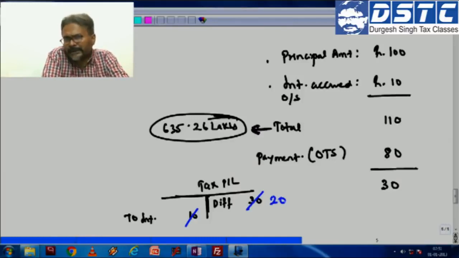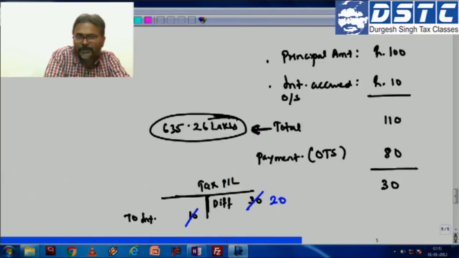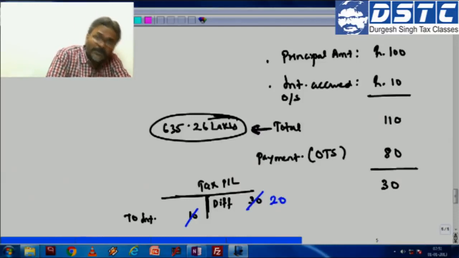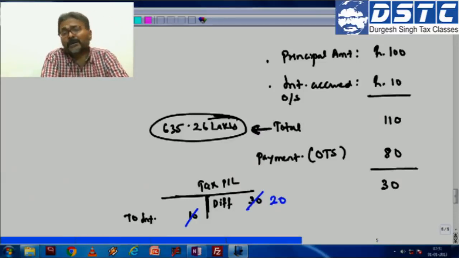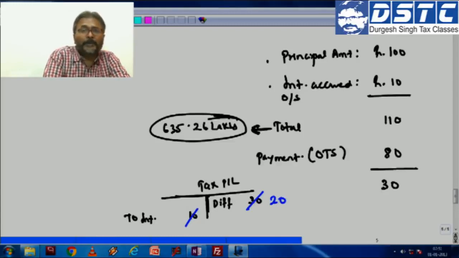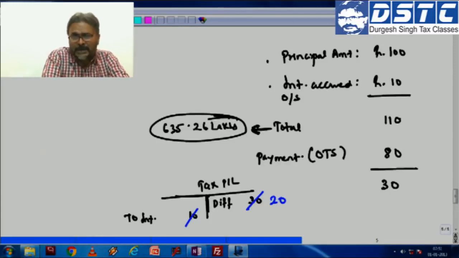If the assessee is showing 30, then he needs to get the deduction of 10. If the deduction of 10 is disallowed on the ground that you have not made the payment, then this difference of 30 has to be reduced to 20. This was the argument, and this is very logical.